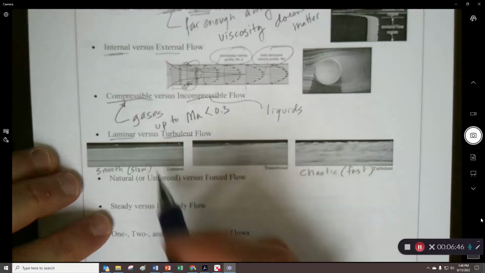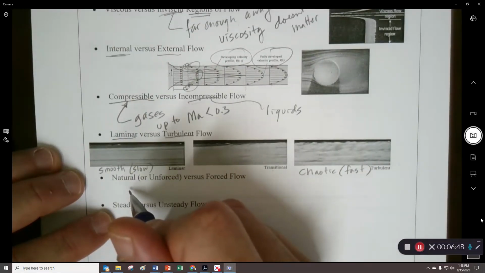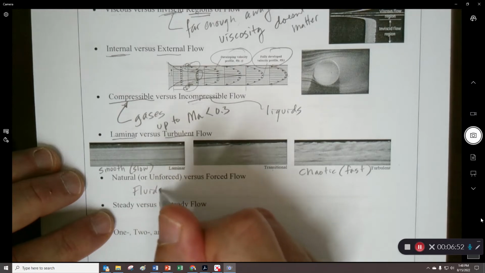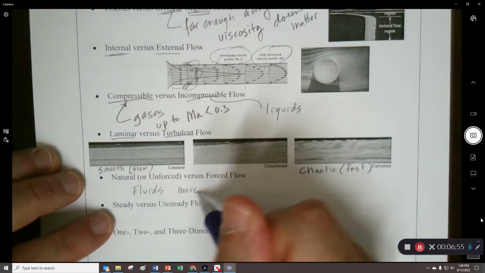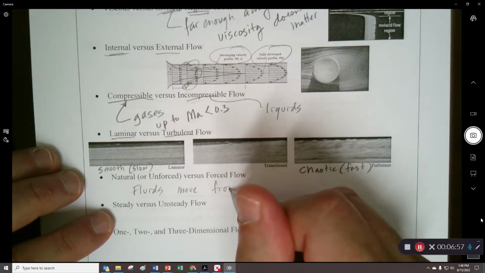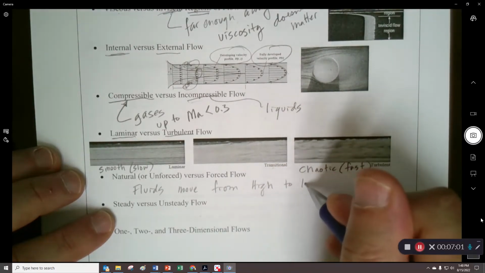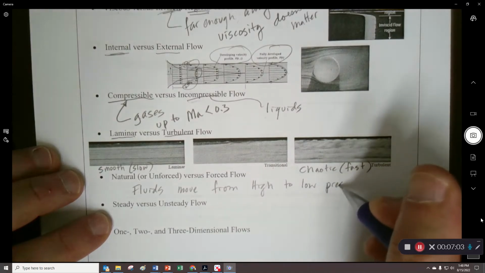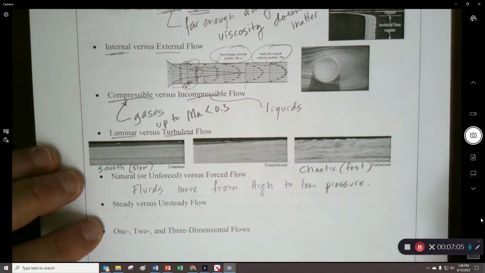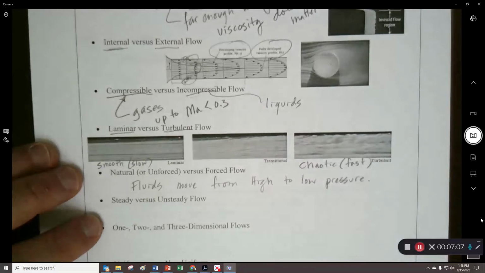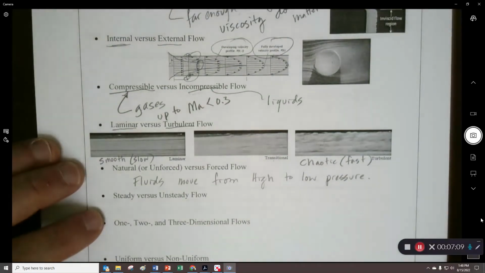But regardless, the big idea is that fluids move from high pressure to low pressure. And it's either just because the pressure already exists or you're causing a pressure differential.